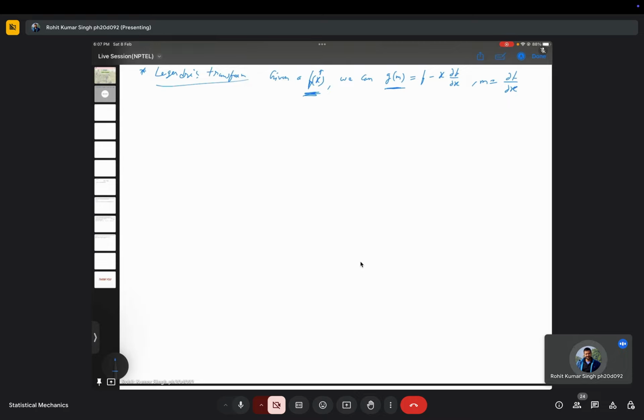For an example, which was also given in the course, suppose you have the equation of a curve like this: y is equal to a x square. Suppose this y is your f(x). There is an equivalent way of constructing this curve using the tangent at all the places on the curve.